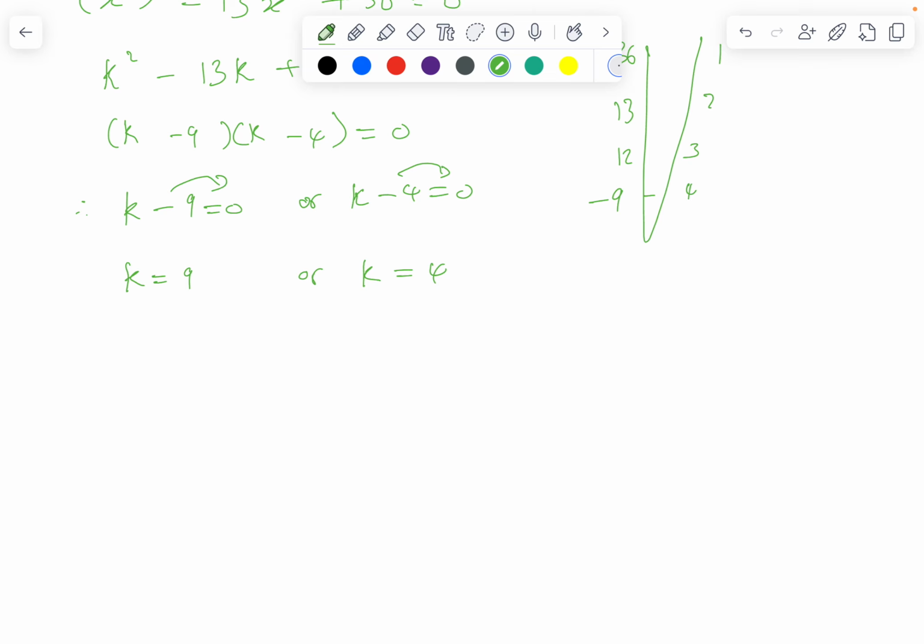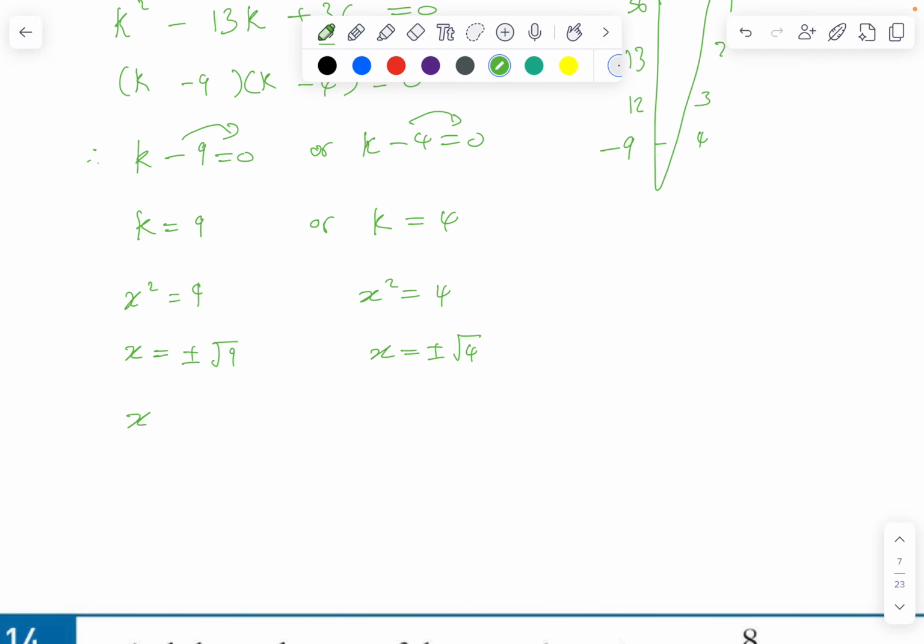And then we know that we did say k equals x squared, so we will bring back our x squared equals 9, and then x squared equals 4. Then x equals plus or minus the square root of 9, and then x equals plus or minus the square root of 4. This is supposed to be 4, not 9.